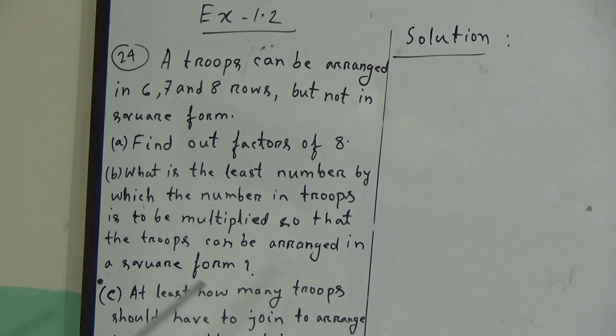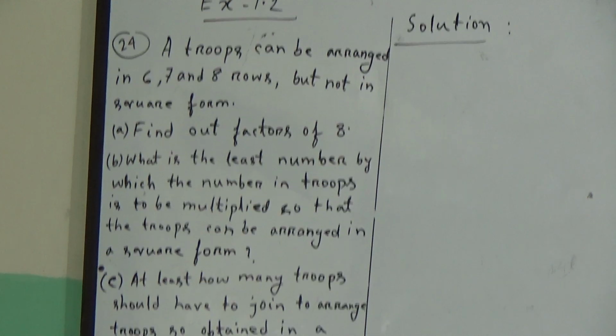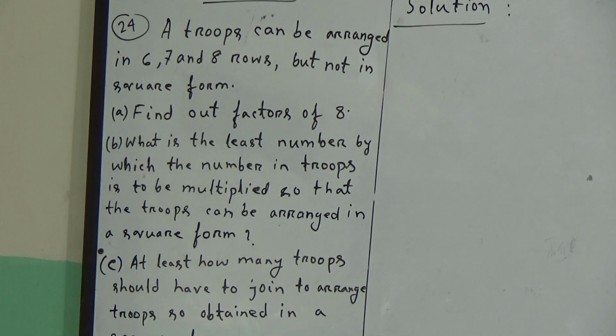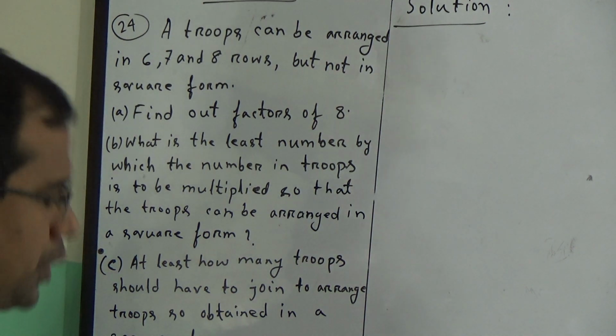Factors means the numbers by which 8 will be divisible. We can divide 8 by 1, we can divide 8 by 2. If we divide 8 by 1, 2, 4 and 8, then the remainder will be 0. That means the factors of 8 will be 1, 2, 4 and 8.